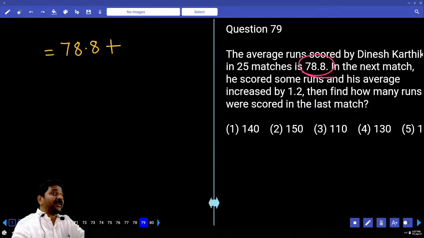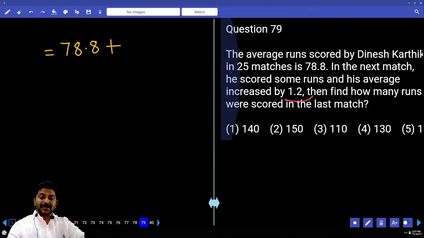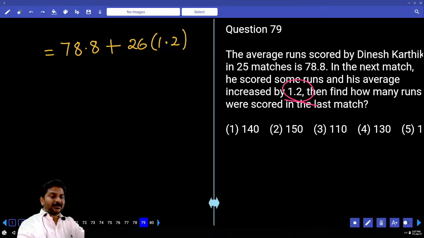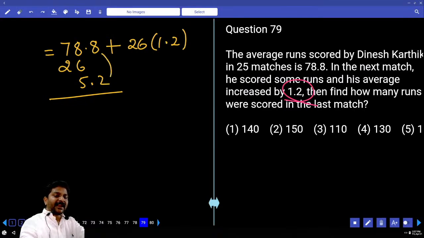In which innings he is playing now? And the average increased by how much? Average increased by 1.2 for how many matches? All 26 matches. So that is 26 into 1.2. 1 time of 26, then 0.2 times 26 is 5.2. Then 0.8 added to 5.2 becomes 6, right? 6 plus 26 is 32. 32 added to 78 is 110.